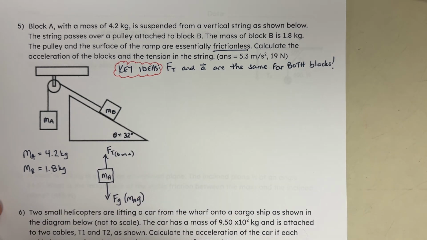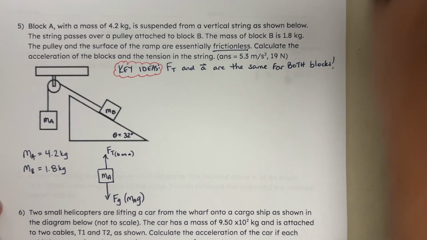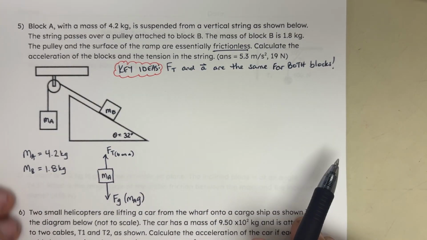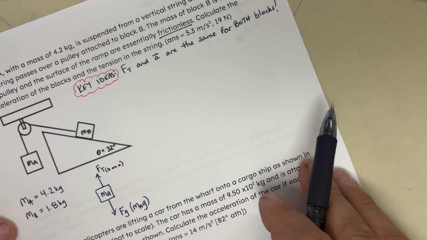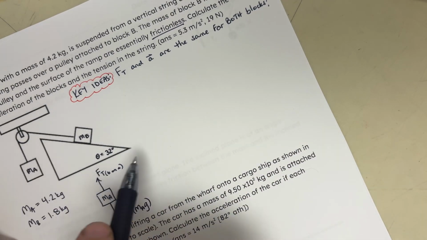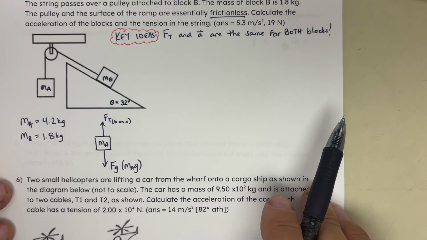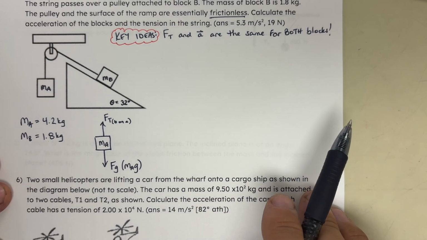Block B is a little more confusing. It's on a slant, so people might not really understand about the angles and stuff, but all we're going to do is look at this angle and just pretend that it's a flat surface like this. Although we are going to be pulling up against gravity as well. So we have to be aware of that.